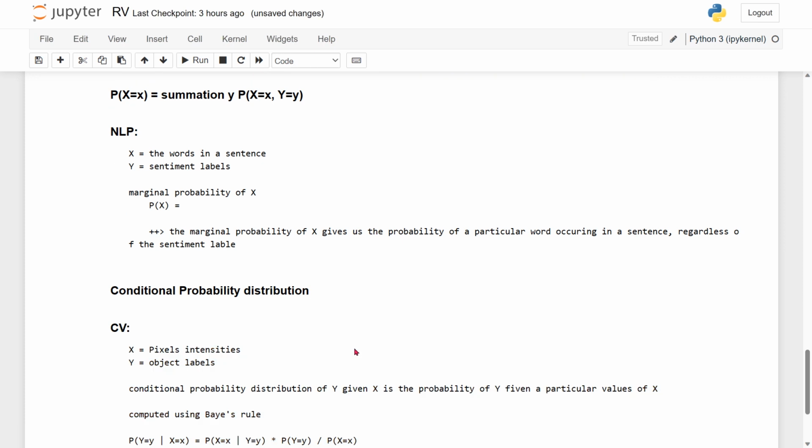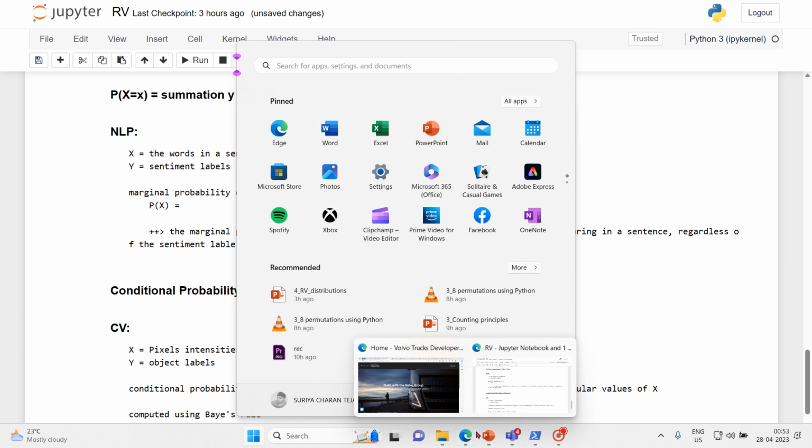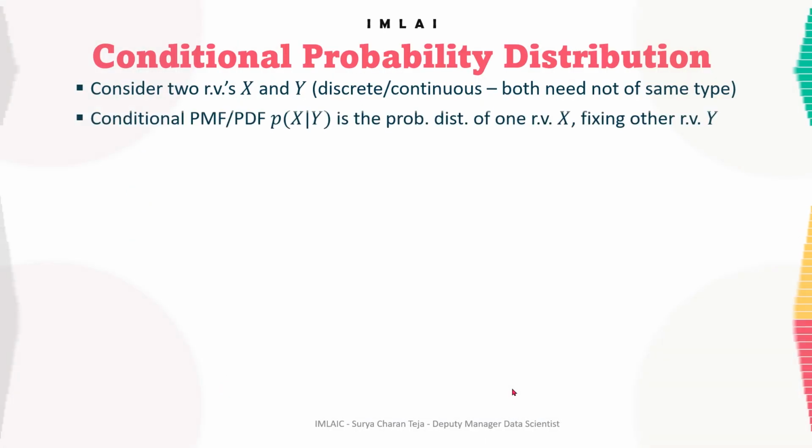Okay, this is one example from computer vision. Now let's move ahead with our slide.